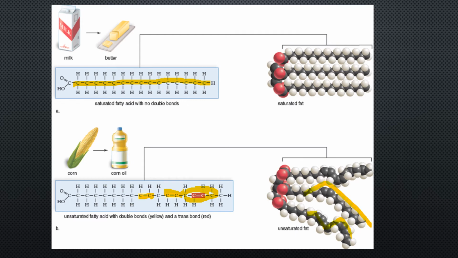And those kinks allow for those types of fats to be more fluid, whereas our saturated fats, see how they can stack up nicely? That allows them to be solid at room temperature. But our unsaturated fats have these kinks, and that's why you typically will see those in oils. And most of our unsaturated fats come from our plant bases.